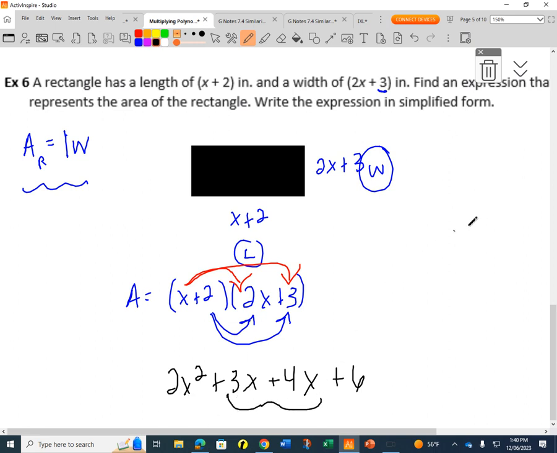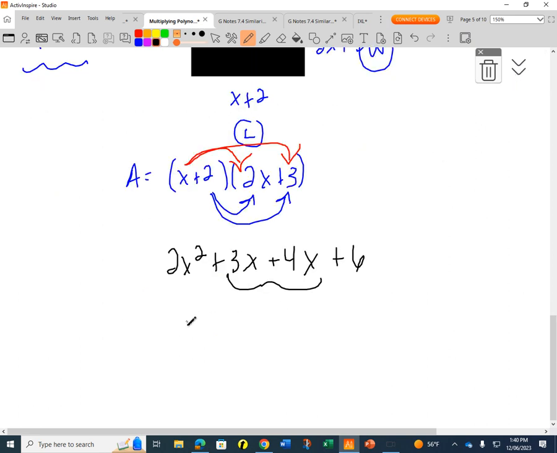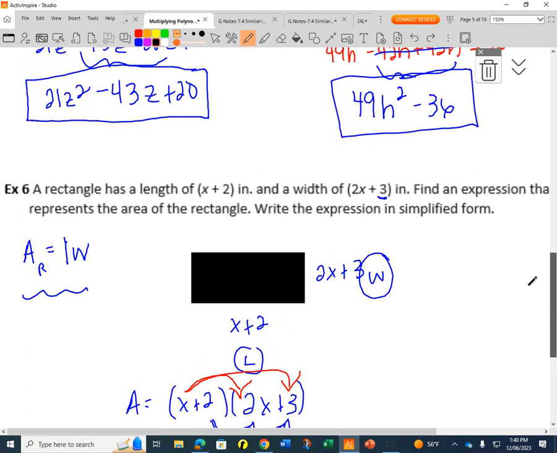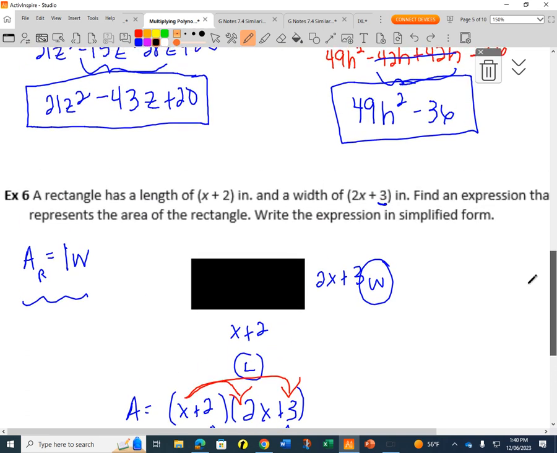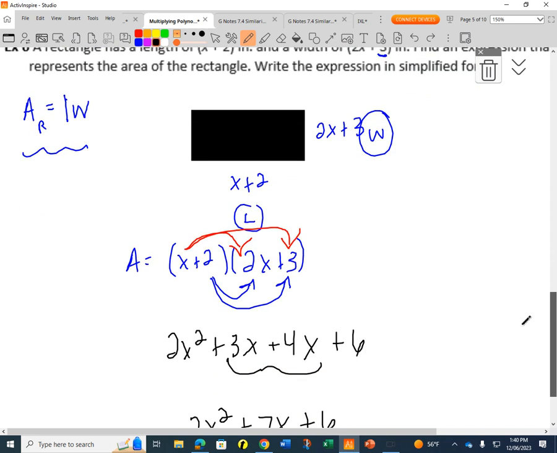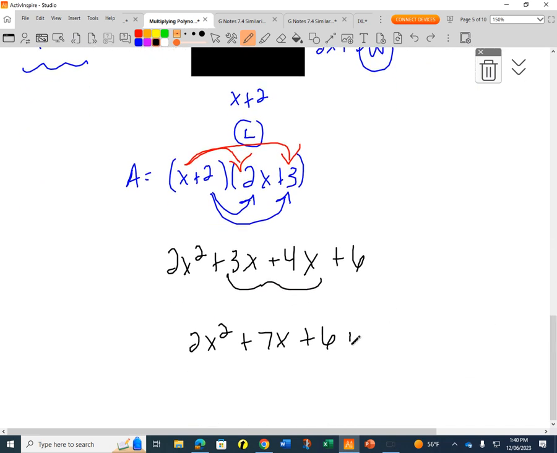We're going to combine our like terms here. So this is 2x squared plus 7x plus 6. And this is inches, so area is in inches squared.